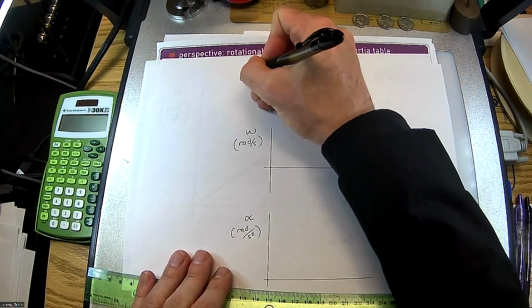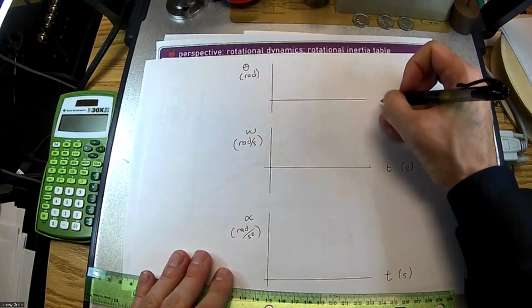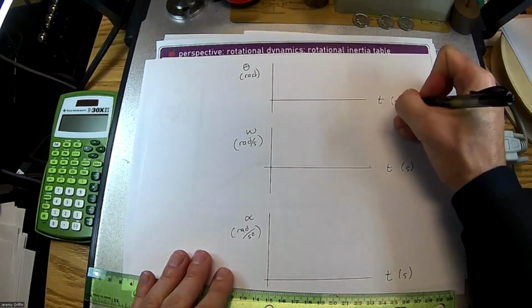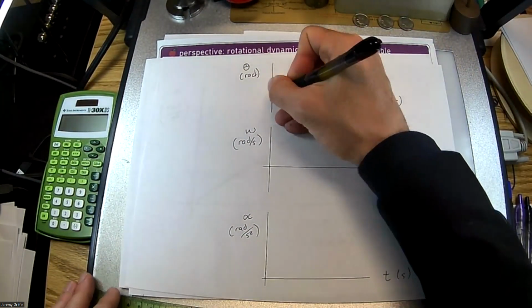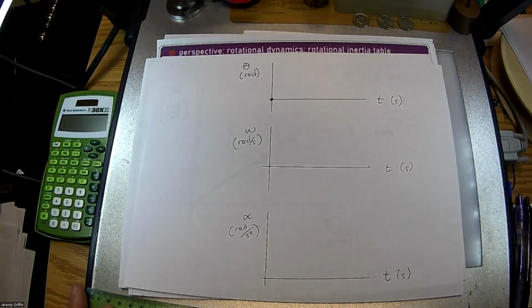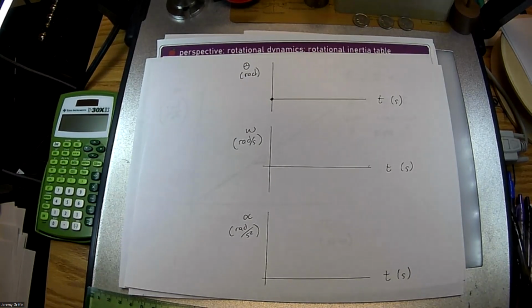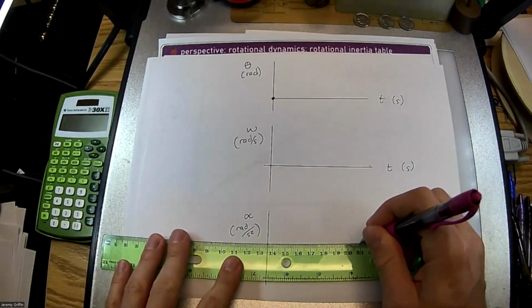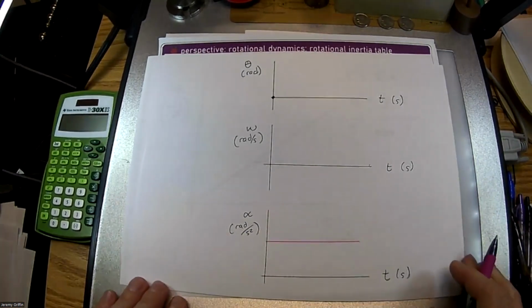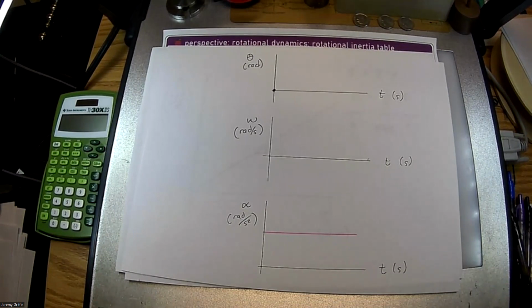It could be angular displacement in radians. Time is still in seconds. And here, I'll give you guys that point. Also, they told us this alpha right here is just constant. So go ahead in your notes, draw what those other two graphs look like.